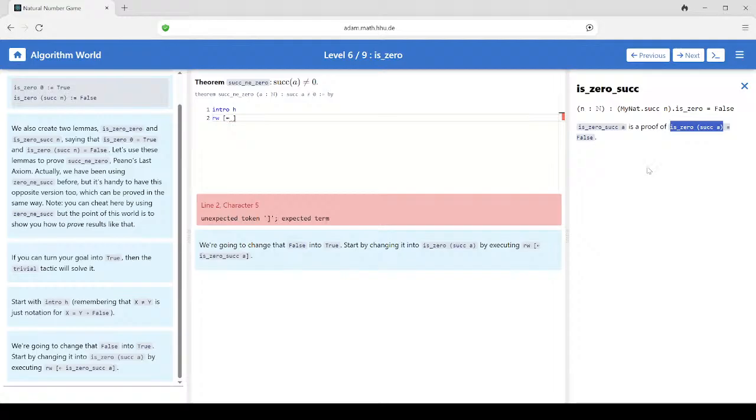Those are equivalent mathematically because they're both false. So you could turn any false statement into any other false statement. They're all interchangeable. Huh. Anyway.